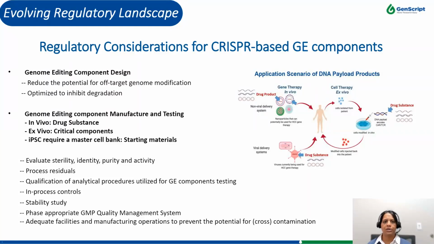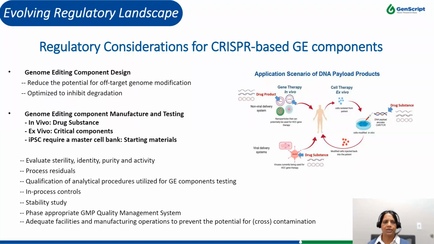For ex vivo application, for example universal CAR T cell therapy, where cells are isolated, treated with CRISPR, and then reintroduced, sgRNA is considered a critical component. And in iPSC stem cell based therapy, the sgRNA is treated as a starting material.